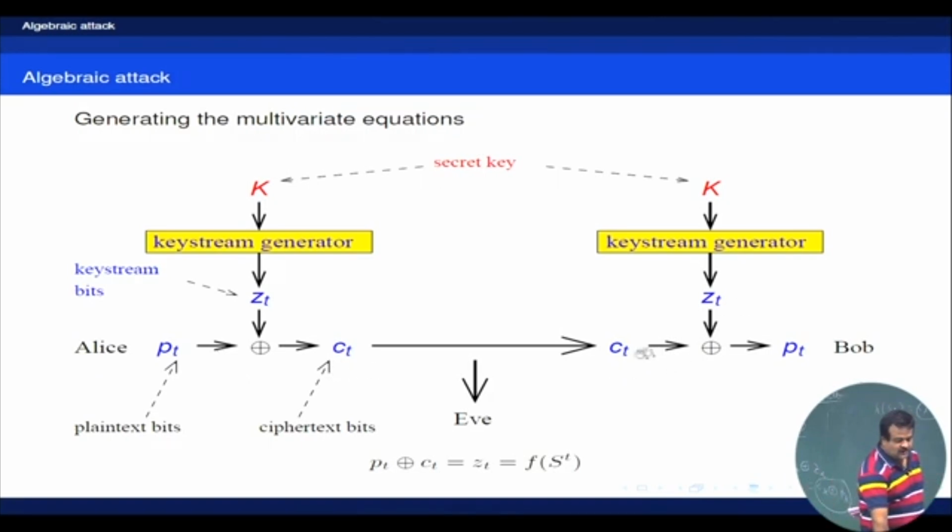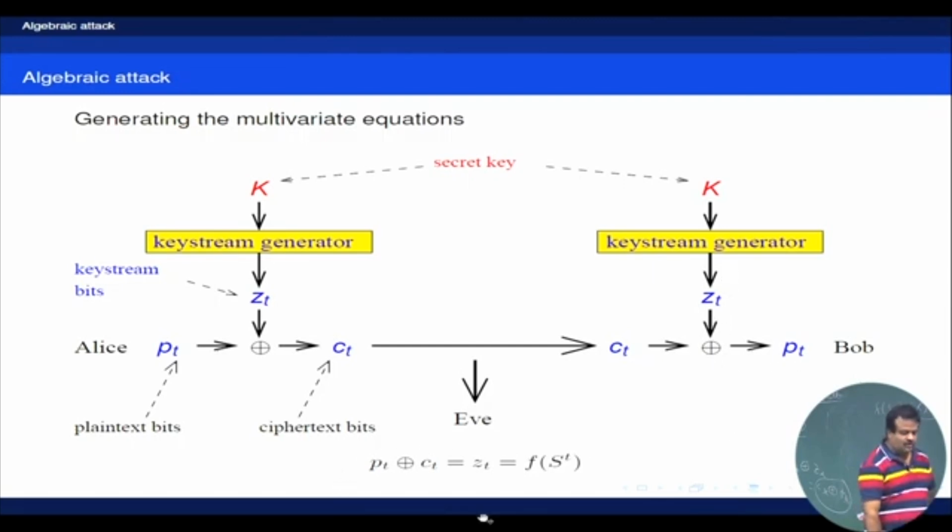Upon receiving this ciphertext, Bob does the decryption. Bob has the same pseudo random bit generator, puts the secret key as the initial state, runs the same thing, XORs the ciphertext with this key stream bit, and gets the plaintext back.